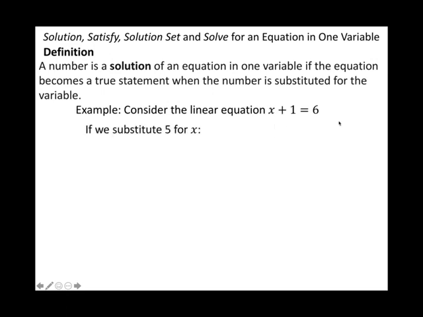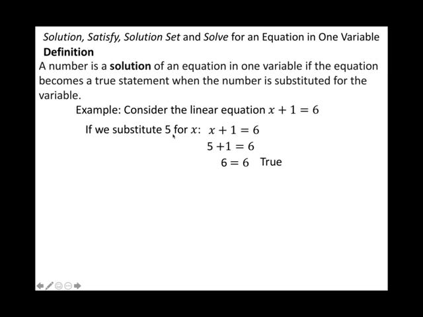And we know this is a linear equation with one variable. Now we're going to substitute x equal to 5 into this linear equation. Plug in x equal to 5 here, and then 5 plus 1, we're going to get 6. 6 equal to 6, so this is a true statement. This is what the definition says: a number is a solution of the equation if the equation becomes a true statement when the number is substituted.